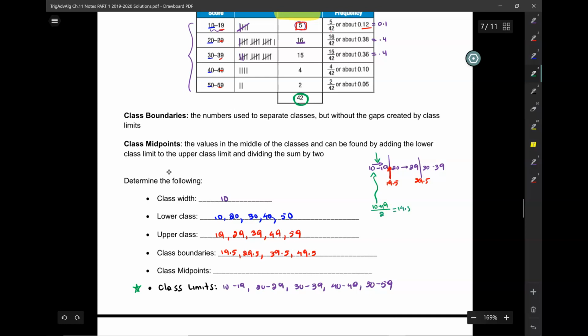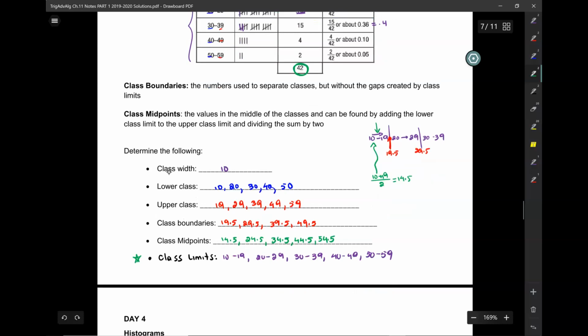That's 14.5. If you can do it in your head, that's fine too. 24.5, 34.5, 44.5, 54.5. Okay? So that's that. I will leave it with this for today, and we will continue with the rest tomorrow.